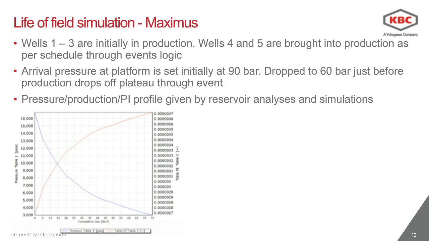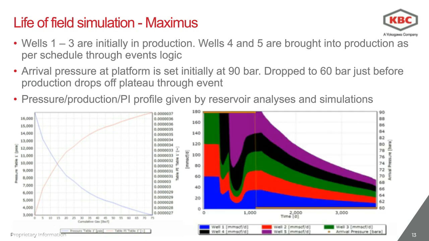The information I have from the reservoir team is a pressure and productivity index profile expected for the life of the field as the reservoir is depleted. I can program all these in Maximus, run the life of the field, and this is the result of the flow rates for each of the 5 wells.